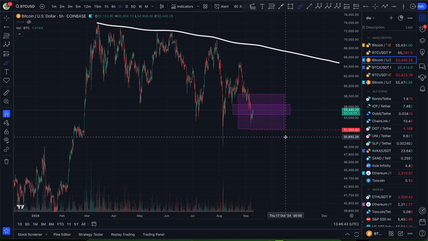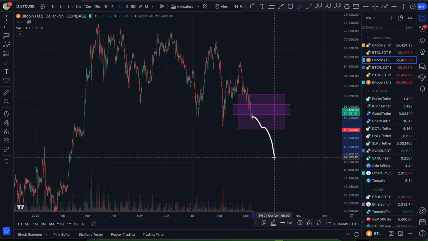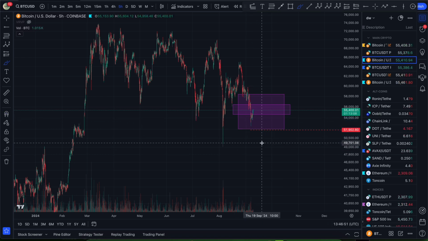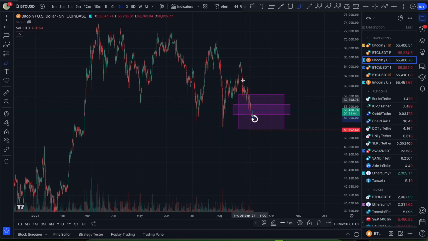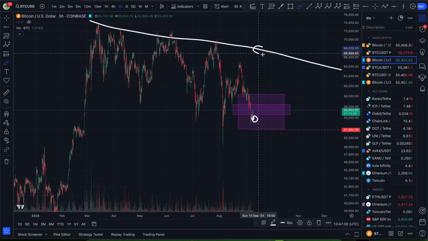So this is exactly where analysis and opportunity come in. If we are calling for lower prices, it is not worth taking that trade, because if we take shorts over here and put our stop loss somewhere at $69,000, our short position is going to be really long.